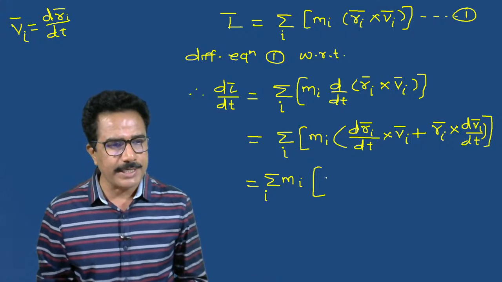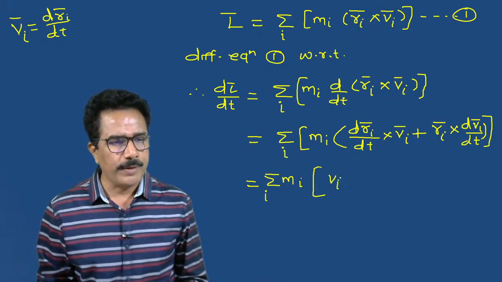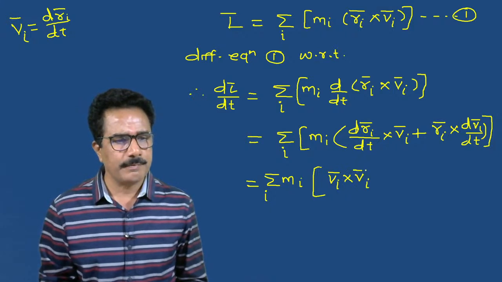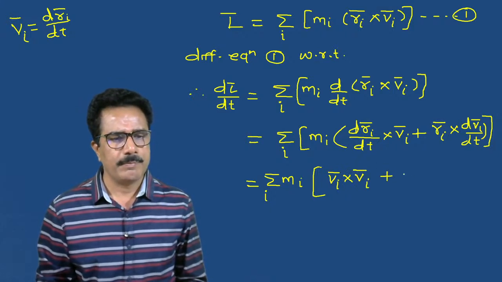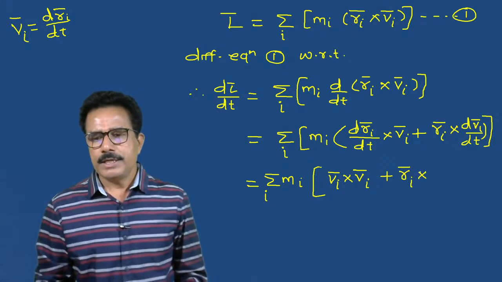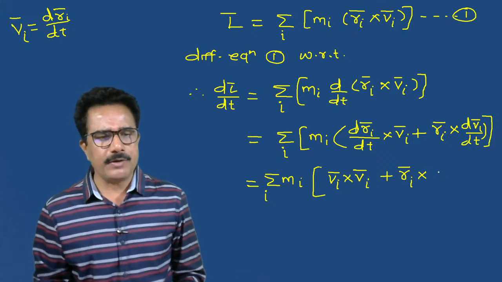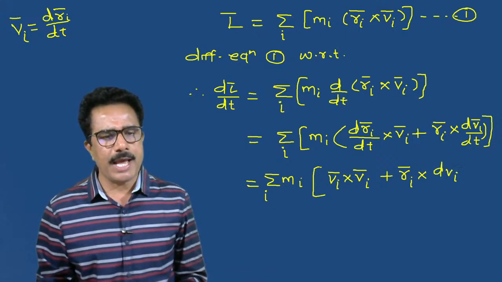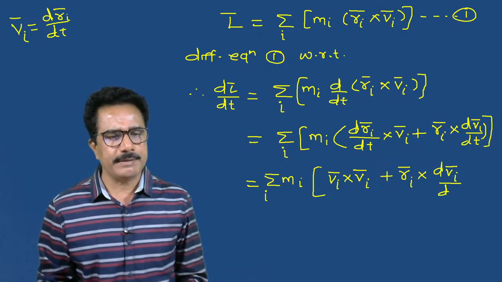So we can write vi cross vi plus ri bar cross dvi bar by dt.